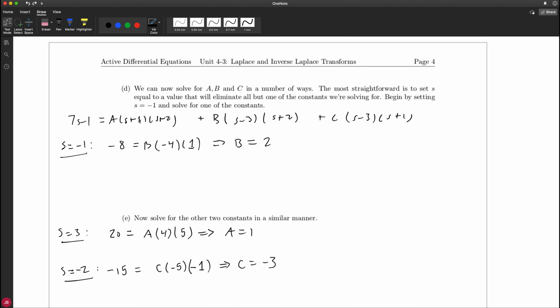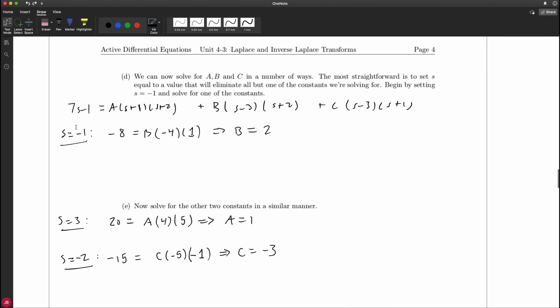But when you have non-repeated linear factors showing up, another way to solve for these coefficients a, b, and c is by picking an s value that would eliminate most of the other terms. Notice if I set s equal to -1, this whole term is gone, and so is this term.